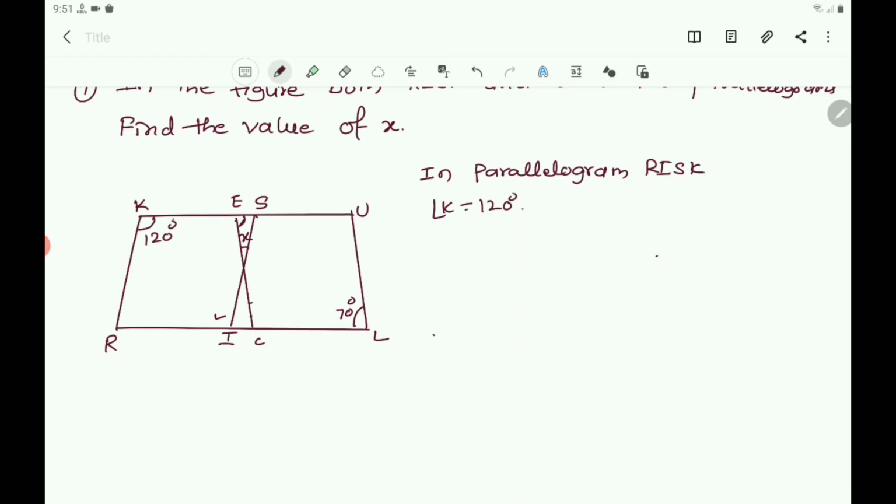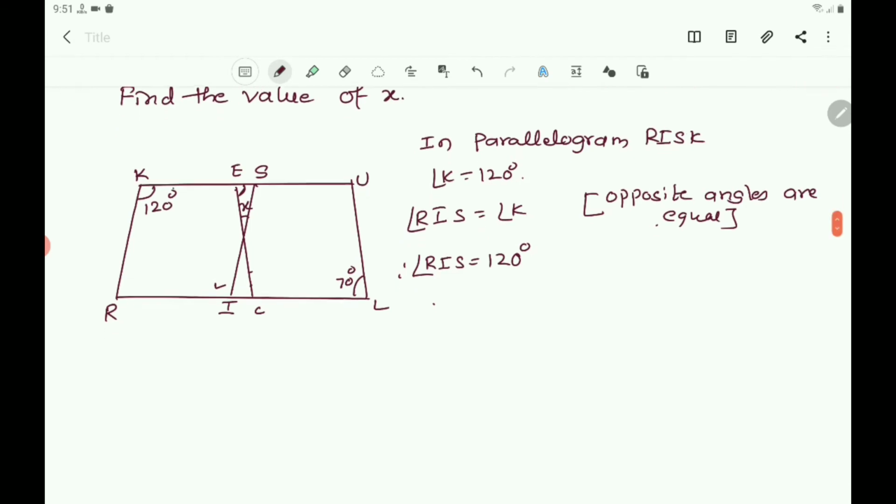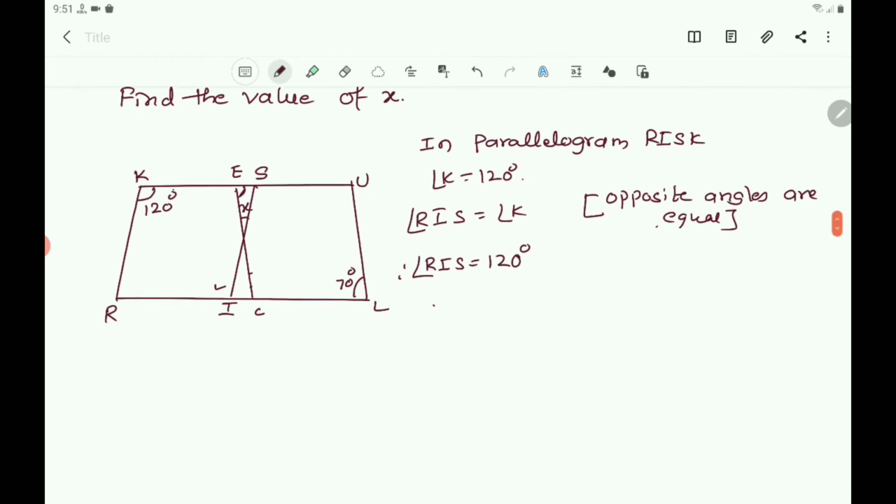Therefore angle RIS is equal to angle K. Reason: opposite angles are equal. Therefore angle RIS is equal to how much? 120 degree. As angle K is 120 degree, angle RIS is also equal to 120 degree.